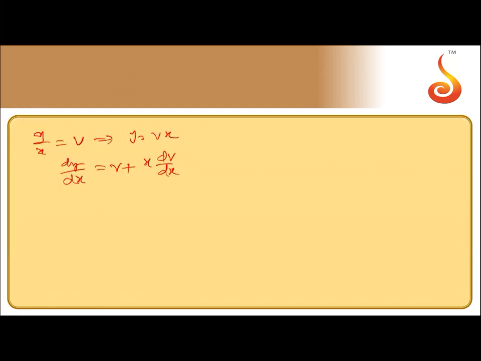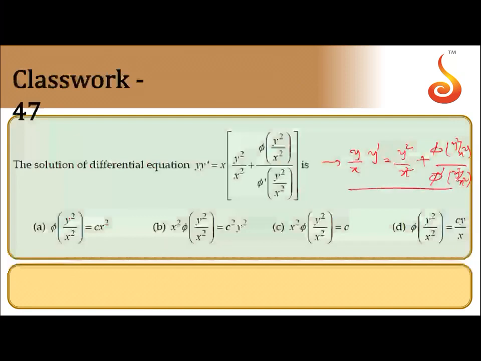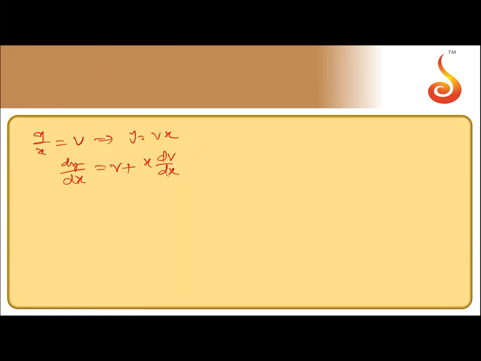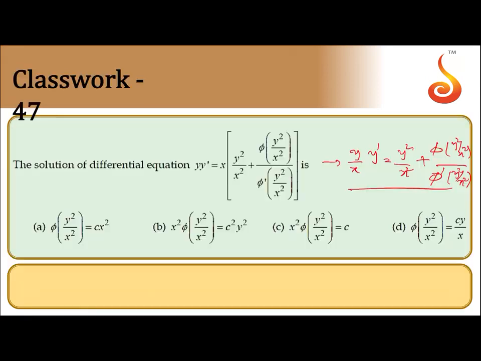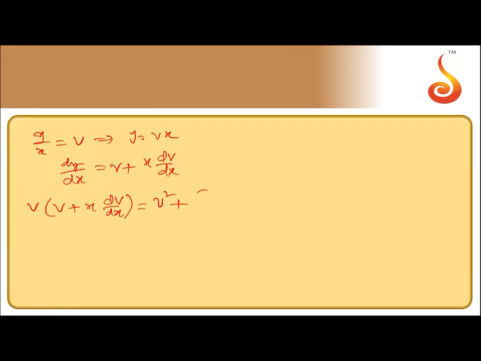So from the given differential equation, y by x can be replaced by v, into dy by dx. So v multiplied by (v plus x dv by dx) is equal to v square plus phi of v square divided by phi dash of v square. Therefore v square gets cancelled on both sides.